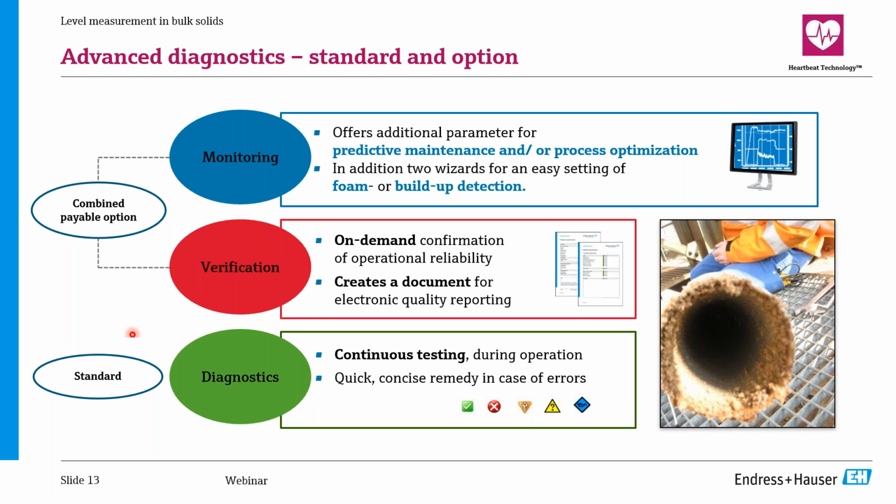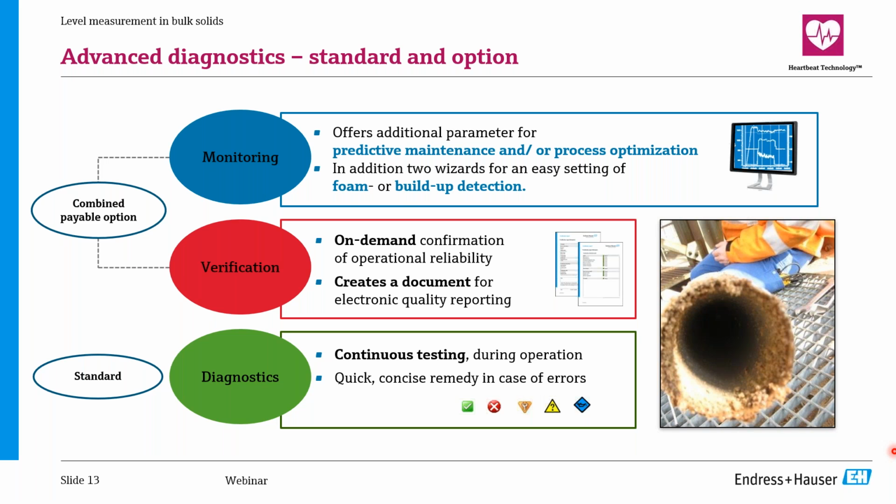In addition to the diagnostics, we have a second step, which is called verification. Here you can set up a complete verification on demand. So you need to send a signal or manually start the verification on your device. The device can then evaluate the complete performance and check if it is according to the specifications.